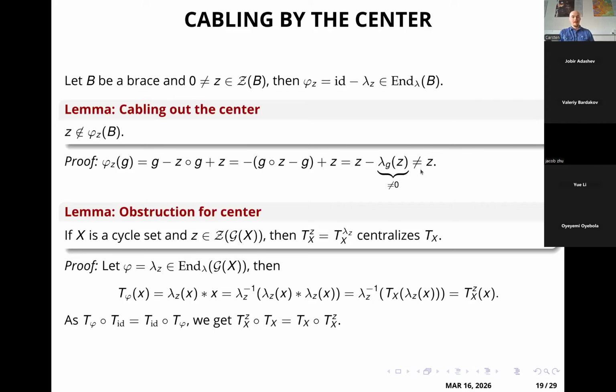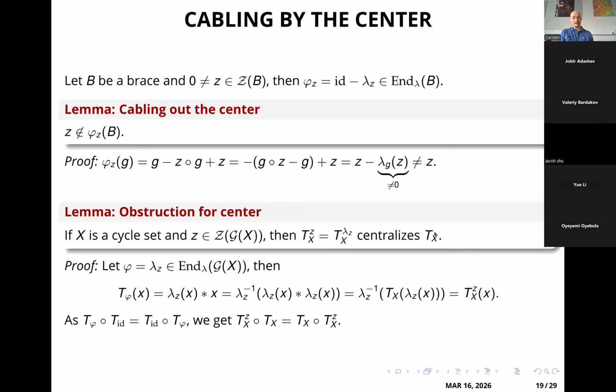Easy. And furthermore, we can get a very nice abstraction for what the center of a solution can look like if we are given the diagonal. Namely, one can show that if we conjugate the diagonal by lambda z, where z is an element of the center, then the result centralizes the original diagonal.